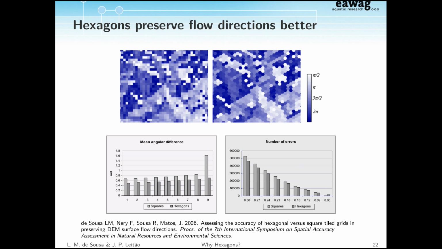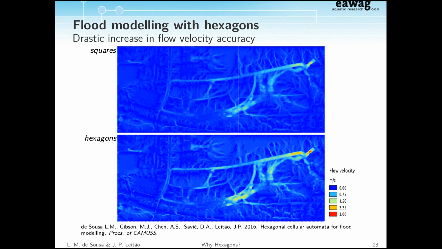And this is the most recent work I've been doing with hexagons. These are two maps produced by the same flood model, a rapid flood model. On top, the result with a square grid, and on the bottom with a hexagonal mesh. This is exactly the same model, and even though it produces more or less the same flooded areas at the end of the simulation, the flow velocity during simulation is much higher with hexagons.